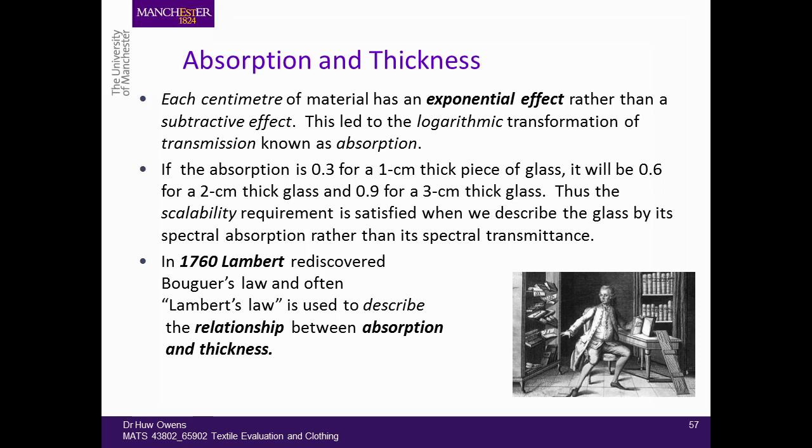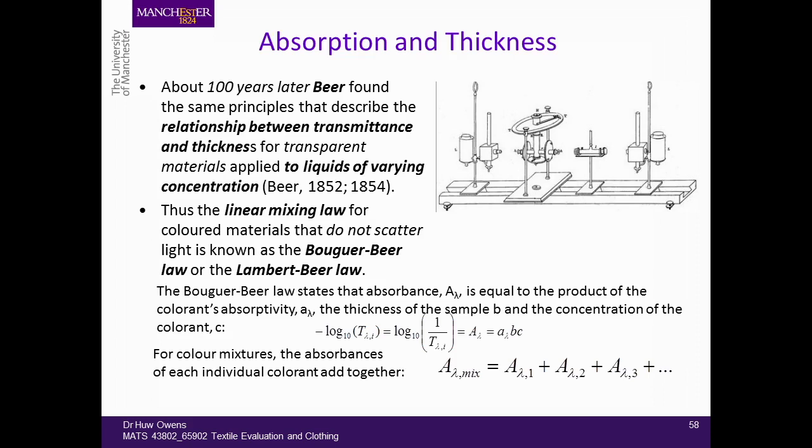So in 1760, Lambert rediscovers Bouguer's law. This is about absorption and thickness. But a little bit later, in the 1800s, Beer finds a similar relationship. To me, Beer's an interesting one, because his relationship says, if we keep the thickness, the path length, the same, and we vary the concentration of our colorant, then we find something very similar.